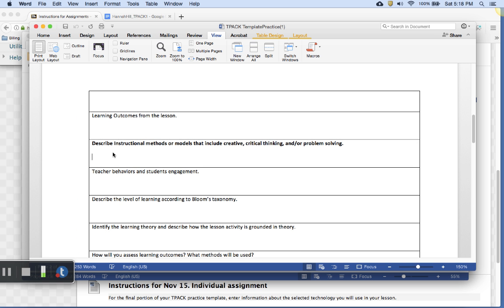Here you're talking about the instructional methods, and you want to describe these as they may or may not include creative thinking, critical thinking, problem solving. Instructional methods are how you teach, and it would be such things as students will be given a topic, and they will determine a research question to be investigated through inquiry-based learning.